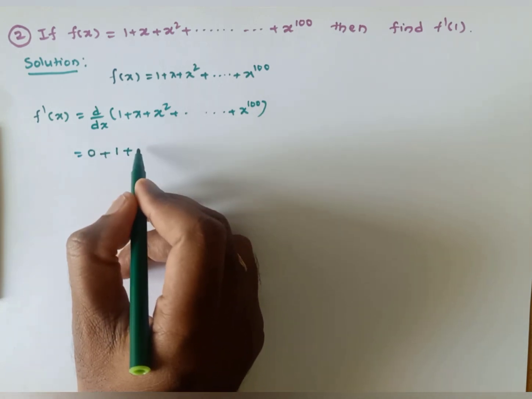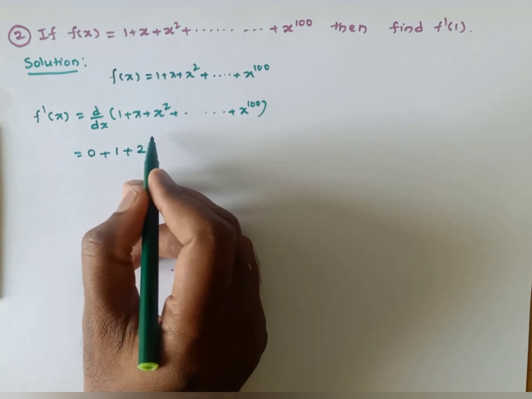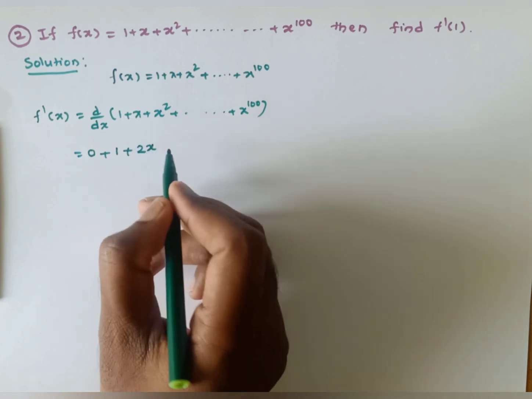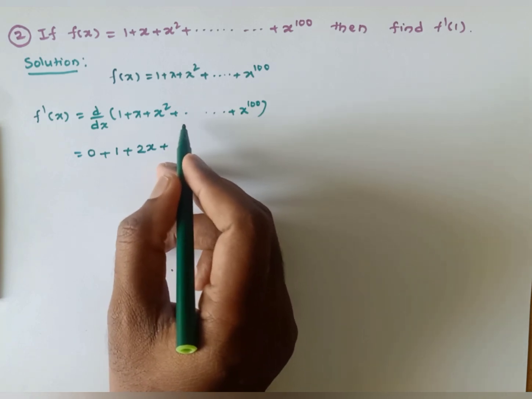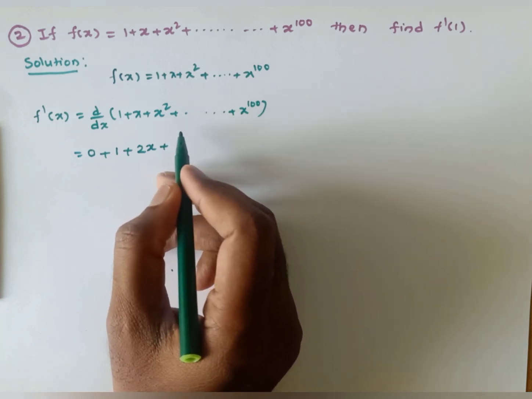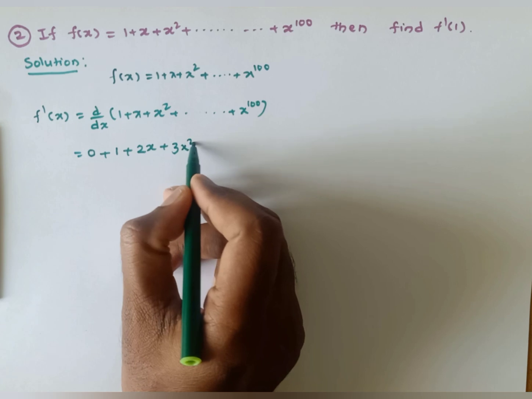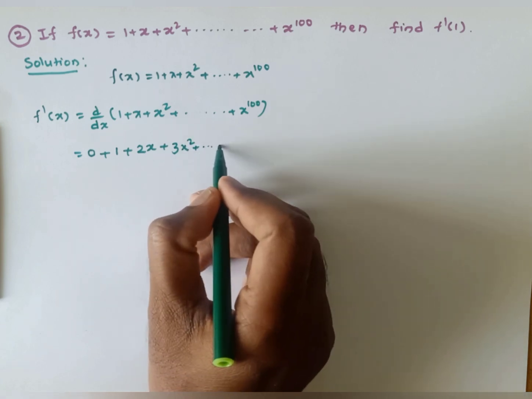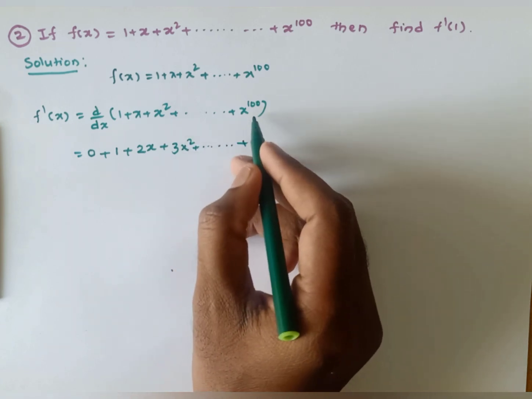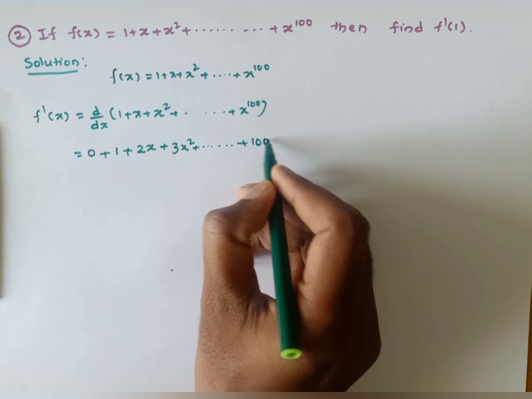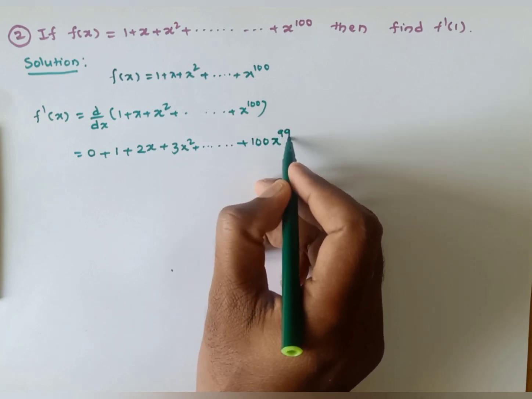The derivative of x square is 2 into x to the power of 2 minus 1, that is 2x. The derivative of x cube is 3 into x square, like this. So it is 3x square, next term 4x cube and so on up to x to the power of 100, which gives 100 into x to the power of 99.